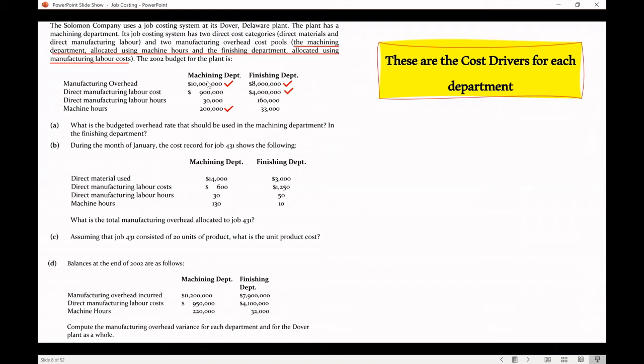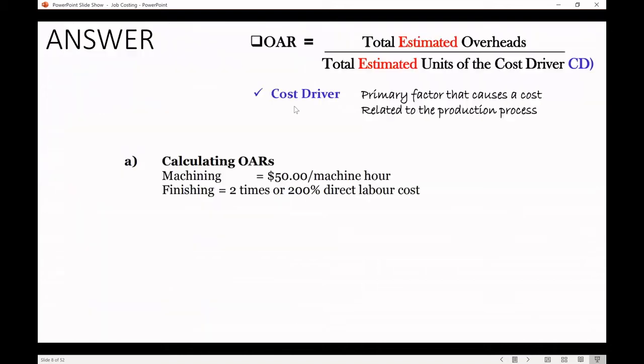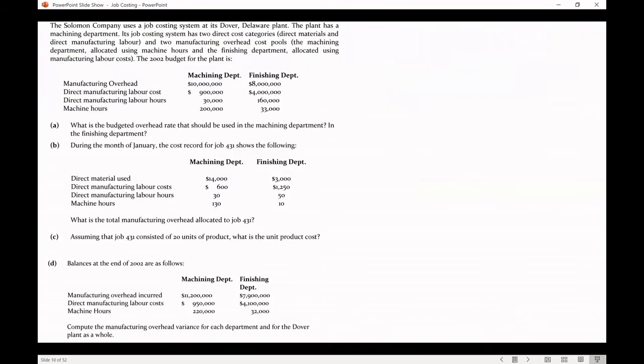That gives you dollars per machine hour. So let's look at our OARs. For the machining department, our OAR is $50 per machine hour, based on the math we did together. And for the finishing department, our OAR is 2 times, or 200% of direct labor costs, right?